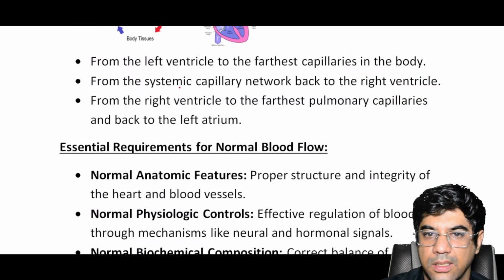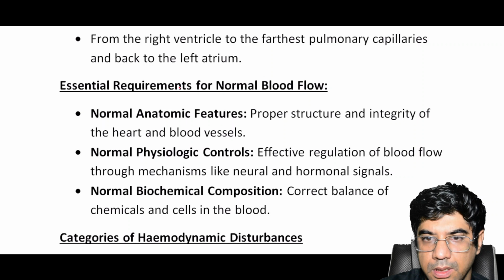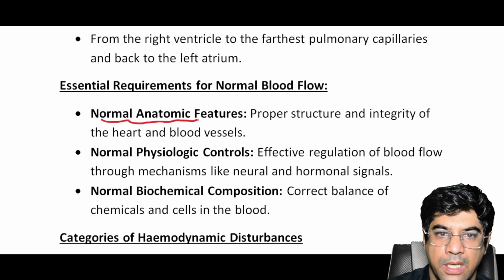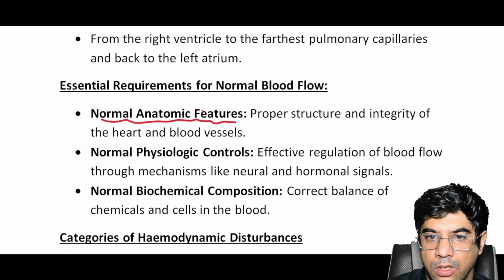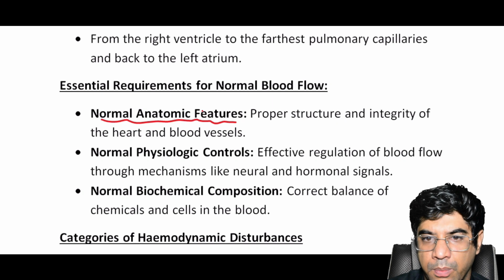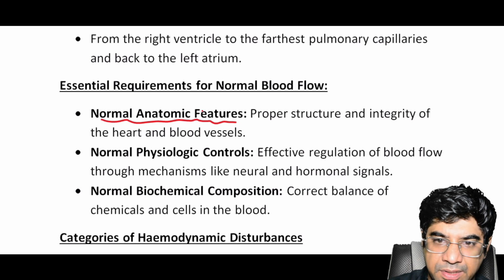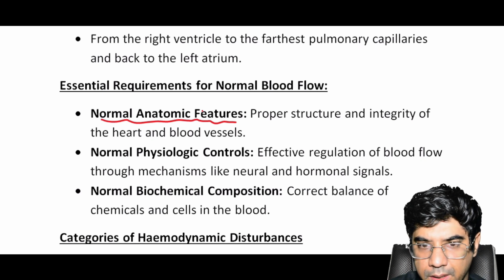So what are the essential requirements for normal blood flow? First of all, there should be normal anatomical features. In order to maintain the normal blood flow, the structural integrity of the cardiovascular system is very important.